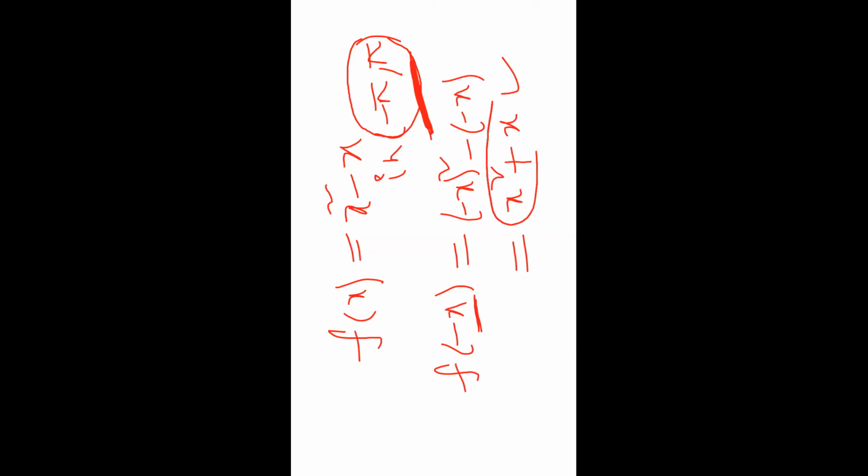Is this x square plus x equal to f of x? No, it is not f of x, because f of x is x square minus x, and we are getting x square plus x. So it is not even. Now taking a common minus on the right hand side, we get minus x square and minus x.